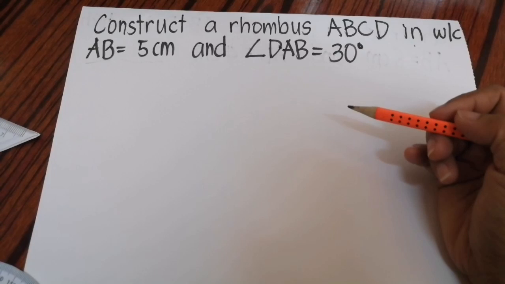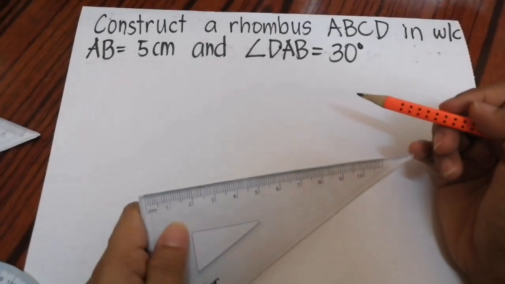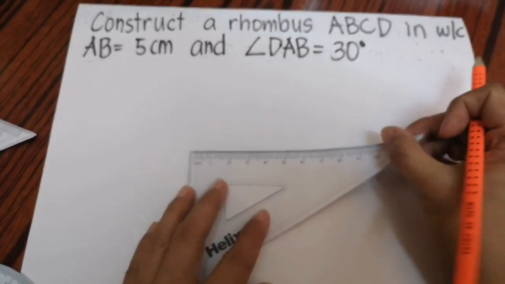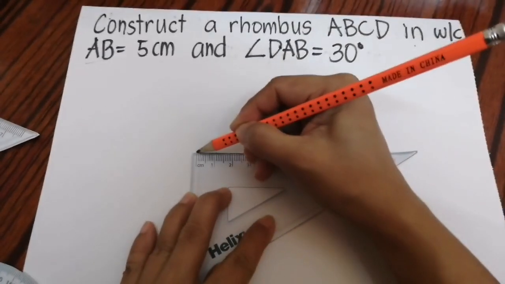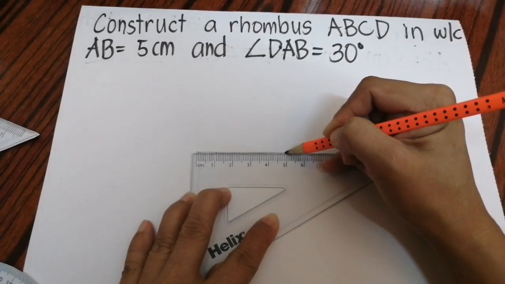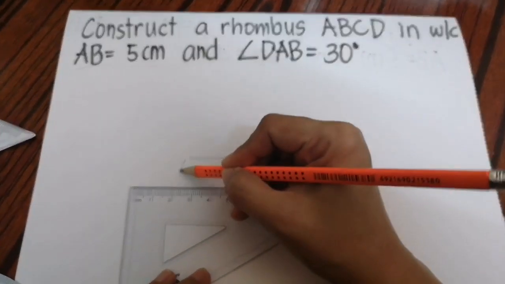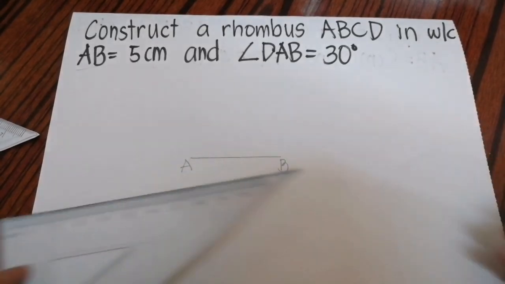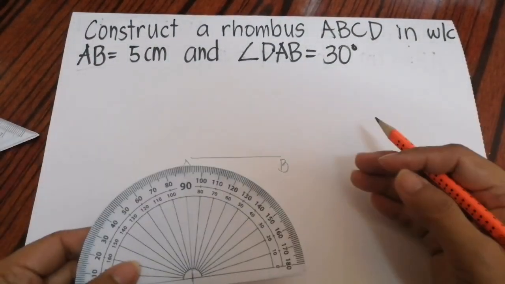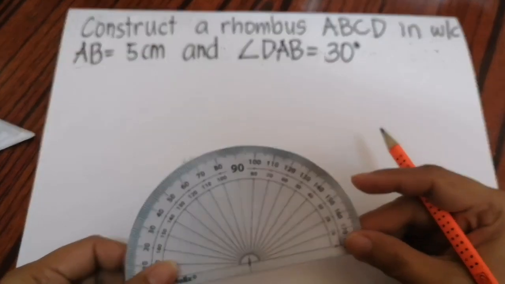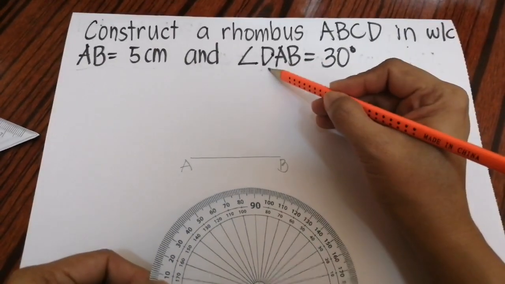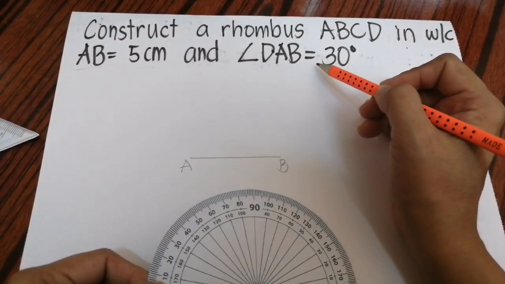Using a ruler, measure and draw a line of 5 centimeters, and we shall name it AB. Step 2. Using a protractor, draw line AD such that DAB is equal to 30 degrees.